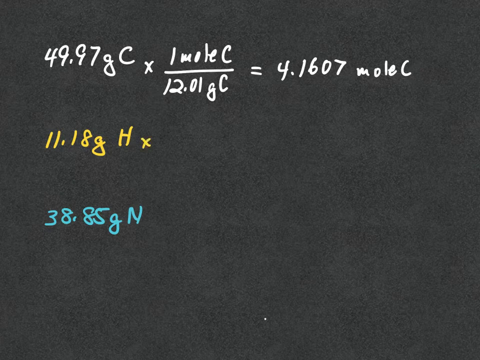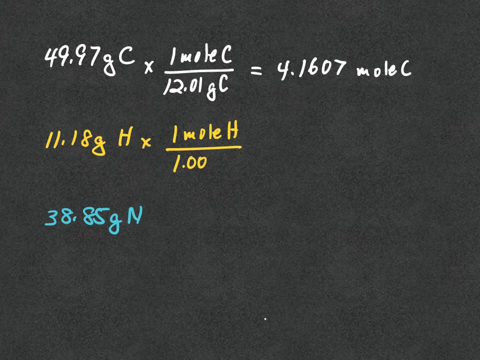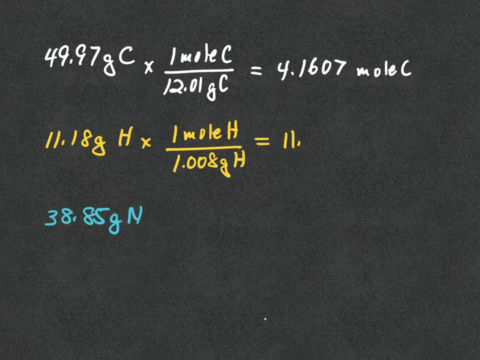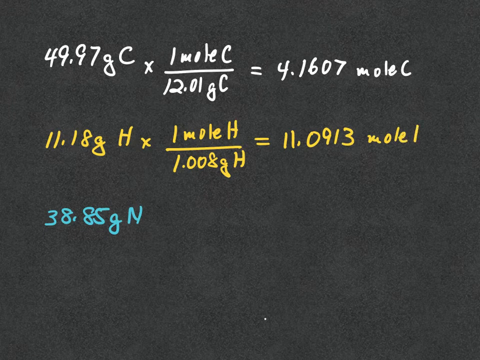And then we're going to have 1 mole of hydrogen atoms is 1.008 grams of hydrogen. And for that, we will get 11.0913 moles of hydrogen atoms.